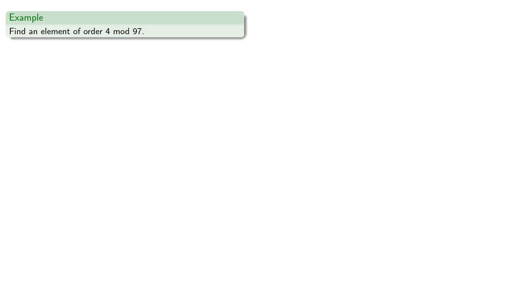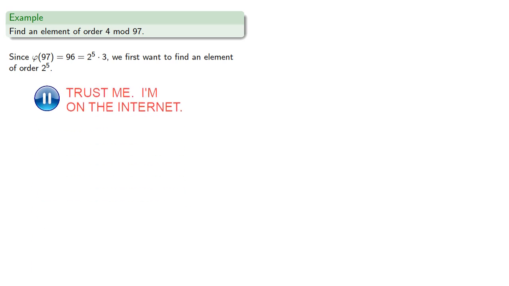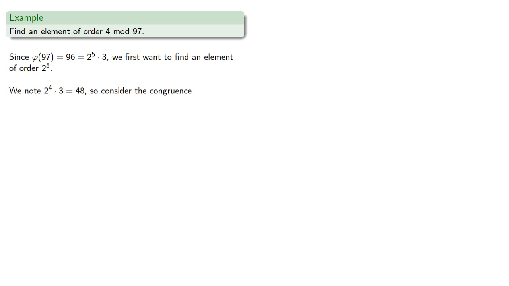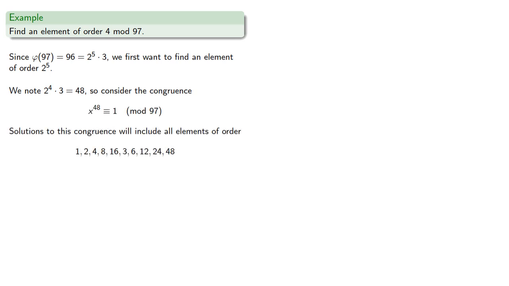So let's try to find an element of order 32 mod 97. Since phi of 97 is 96, which is 2 to the 5th times 3, we want to find an element of order 2 to the 5th. So we note that 2 to the 4 times 3 is 48, so not quite the highest power of 2. So let's consider the congruence x to the power 48 congruent to 1. Solutions to this congruence will include all elements of order 16, but no element of order 32.